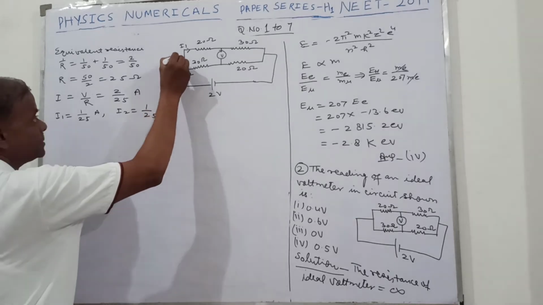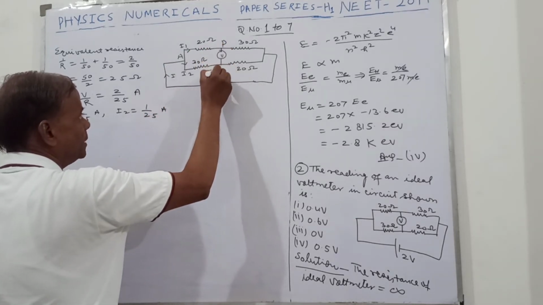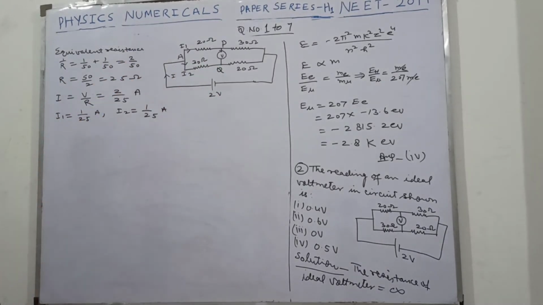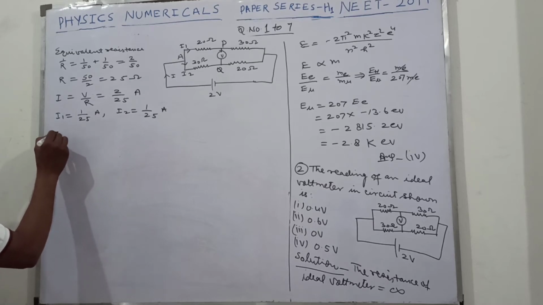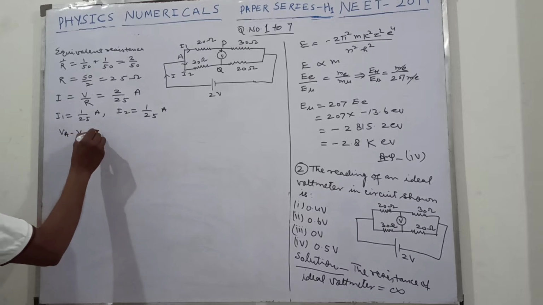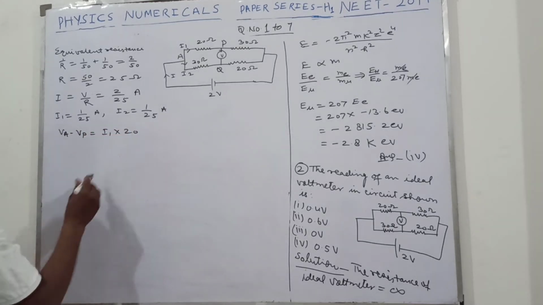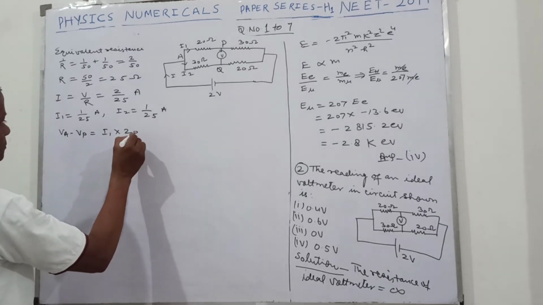Now let this be A, this P, and this Q. Now we find the potential difference in AP. VA minus VP equal to I1 into 20.